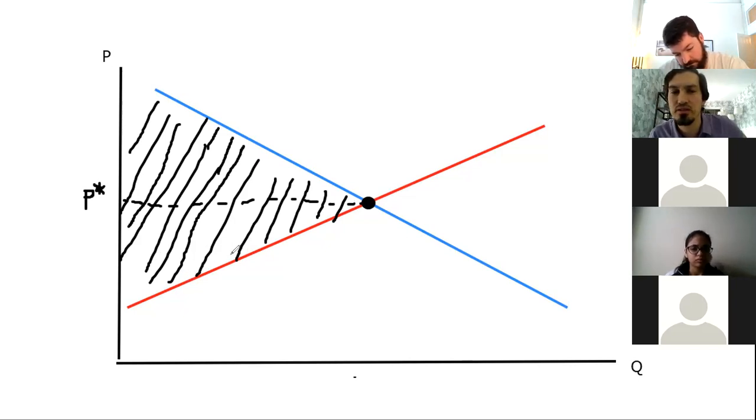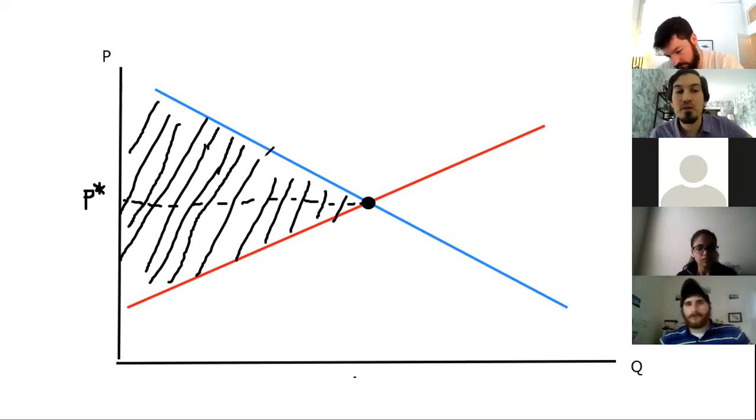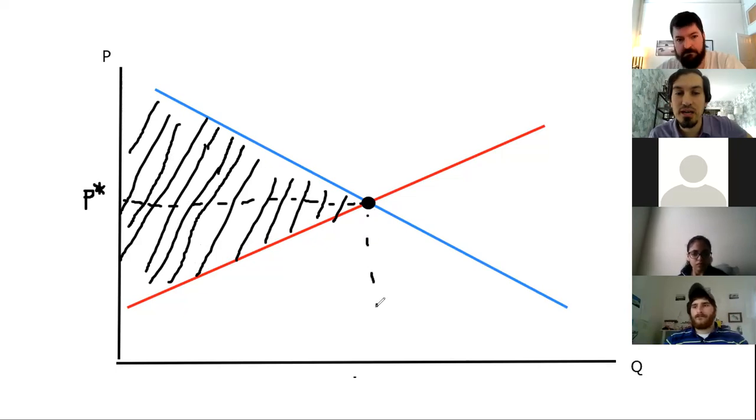The fact that the marginal cost of producing this unit was all the way down here, yet they were able to sell it up here for P star, means that this producer is enjoying some producer surplus.